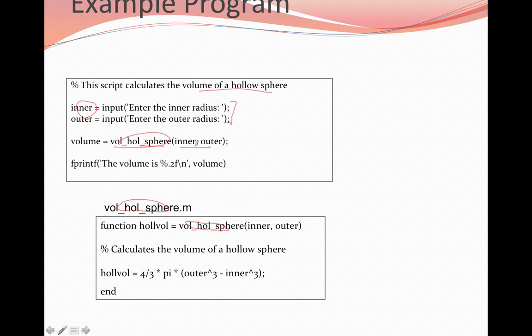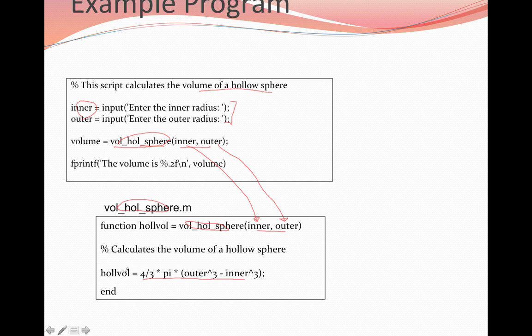When we call the function, we're passing the inner radius to the first input argument, and the outer radius to the second input argument. Notice that I use the same names. I can use the same names, or I could call them different things. It doesn't matter. Then the function is going to use these input arguments here in the expression. So the volume of a hollow sphere is actually 4/3 times pi times the outer radius cubed minus the inner radius cubed.